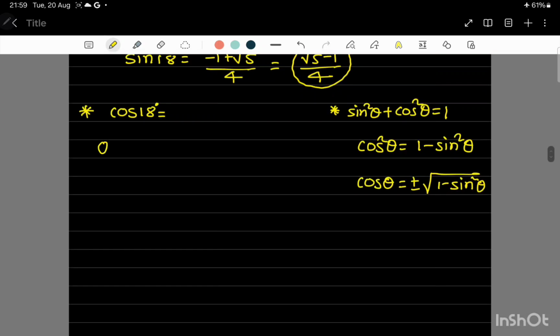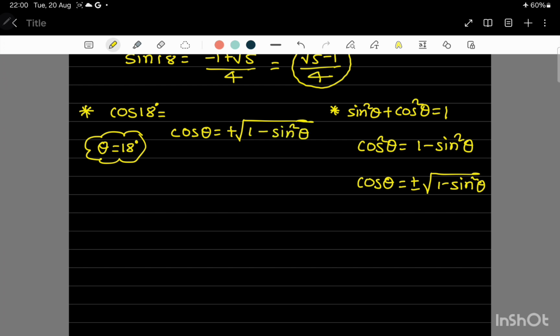If theta is equal to 18 degrees, cos theta lies in the first quadrant, so cos theta is also positive. So we consider only cos theta equal to plus root of 1 minus sine square theta, because cos theta is positive in the first quadrant.